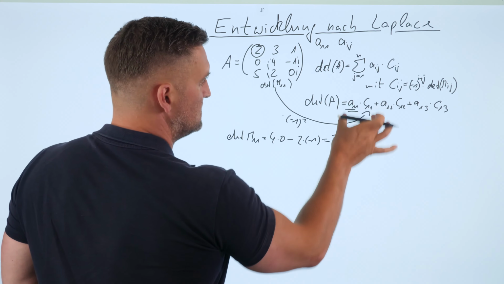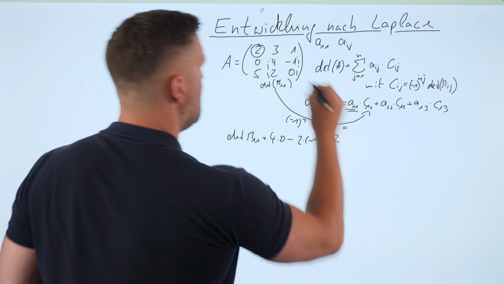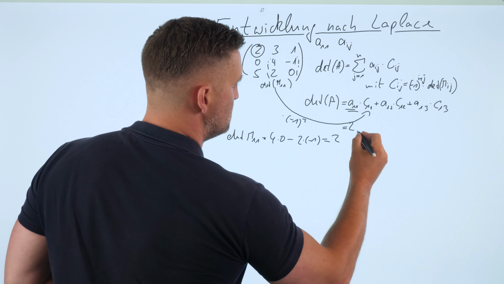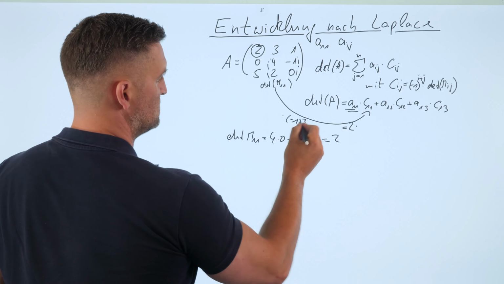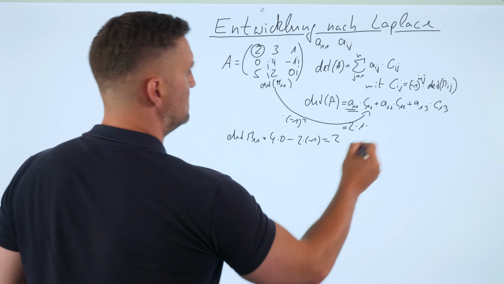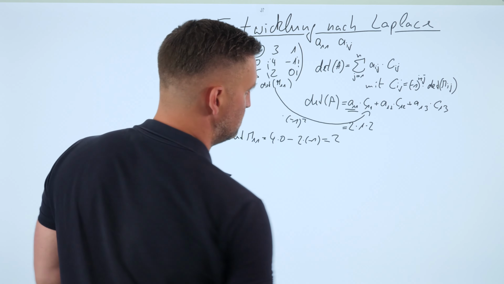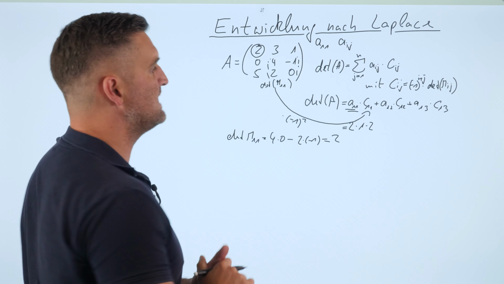With that, we've basically finished this first part. That would then be equal to a1,1, which is 2, multiplied by minus 1 to the power of 2, which is plus 1, times the determinant of M1,1, which is 2. And that's how it continues.